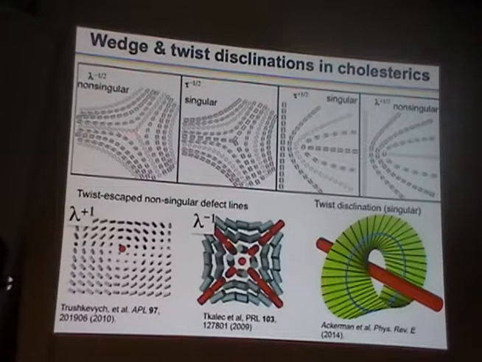So by looking at those lambda disclinations in here and in here, you can note that pretty much everywhere we have uniform twist of director around such a disclination, and we don't have a singular core.